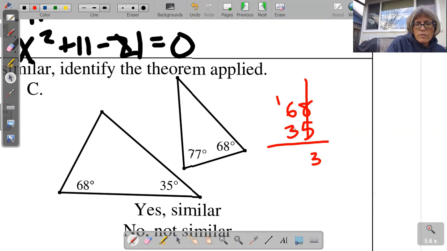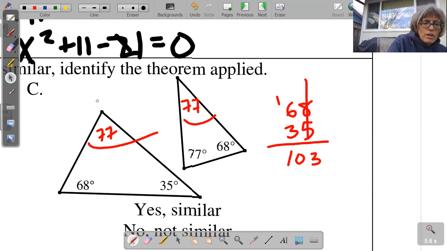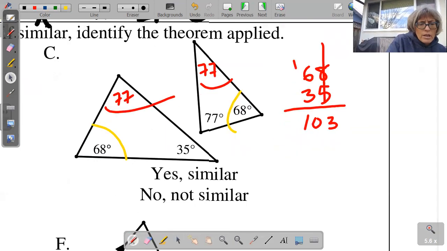Carry the 1. It's 103, so that means this must be 77, because 180 minus 103 is 77, which means I have a pair of angles and another pair of angles, which means it's angle-angle similarity. So yes, it's similar.